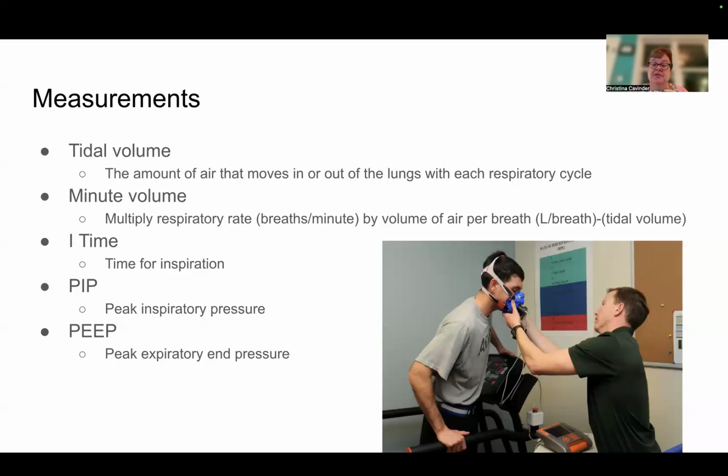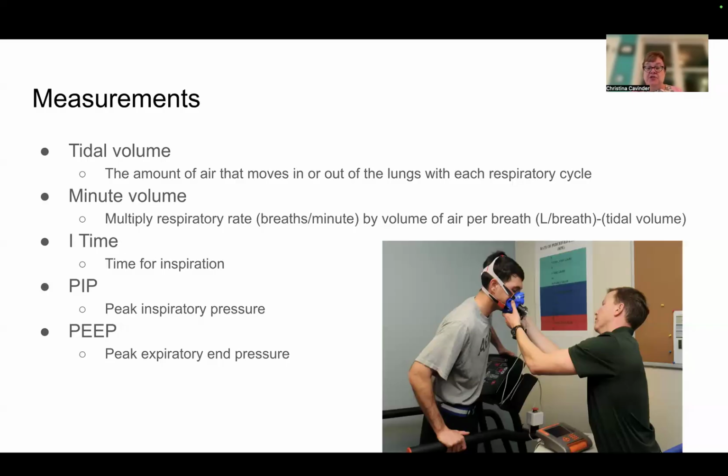The PIP is the peak inspiratory pressure. This is the amount of pressure that goes into the lungs and opens up the lungs. It is pressure, not volume. So remember, we have tidal volume, and that's a volume amount. How much are your lungs full? So if you had a baby, the volume would be very, very small compared to an adult because adults have much bigger lungs.